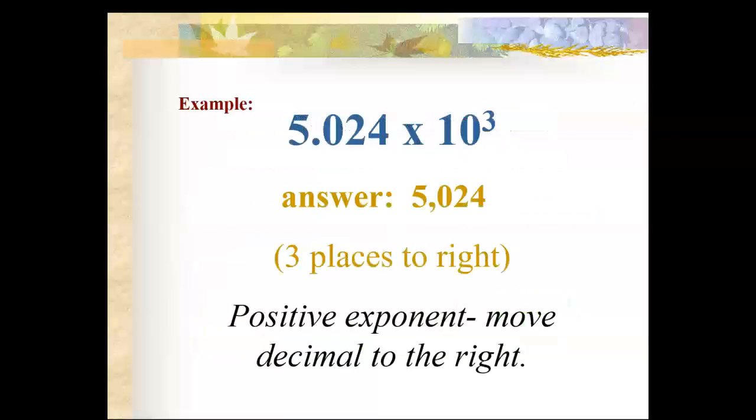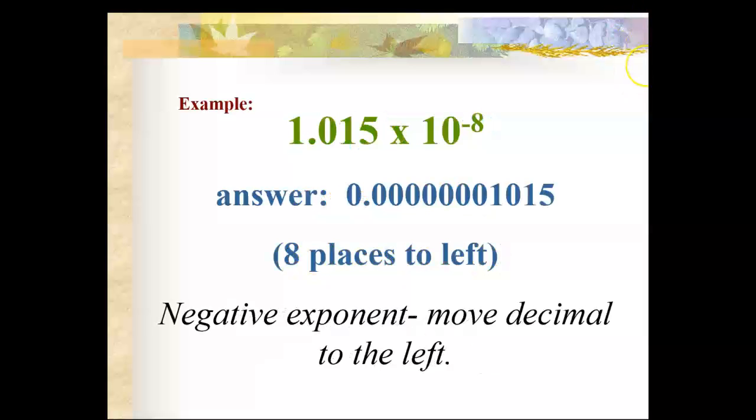So 5.024 times 10 to the third, we move the decimal point from right after the 5 to right after the 4. You've moved 3 places to the right, 10 to the third. 1.015 times 10 to the negative 8. Well, you need the 1015 on the right end.